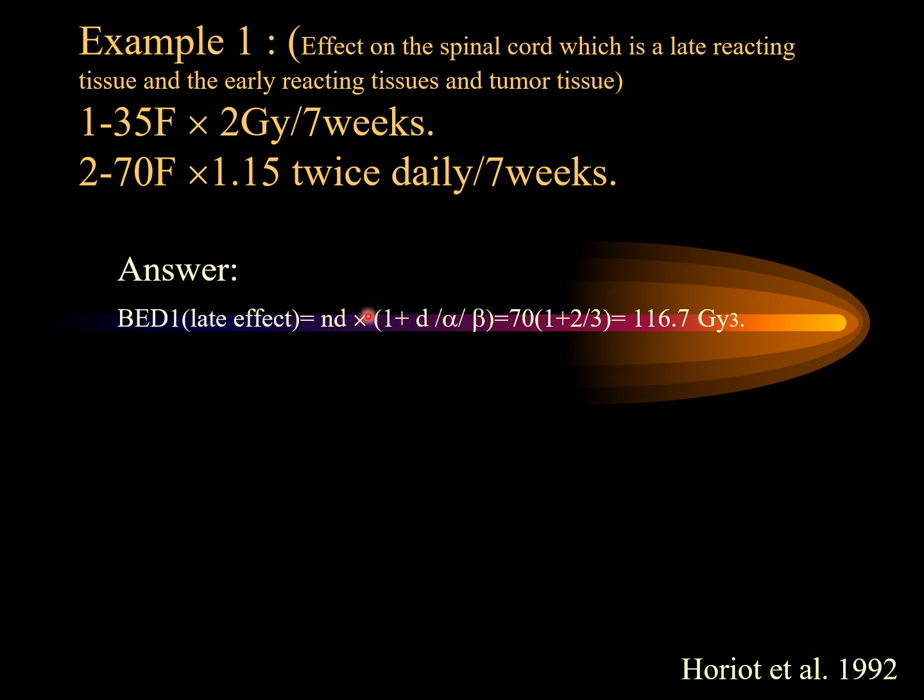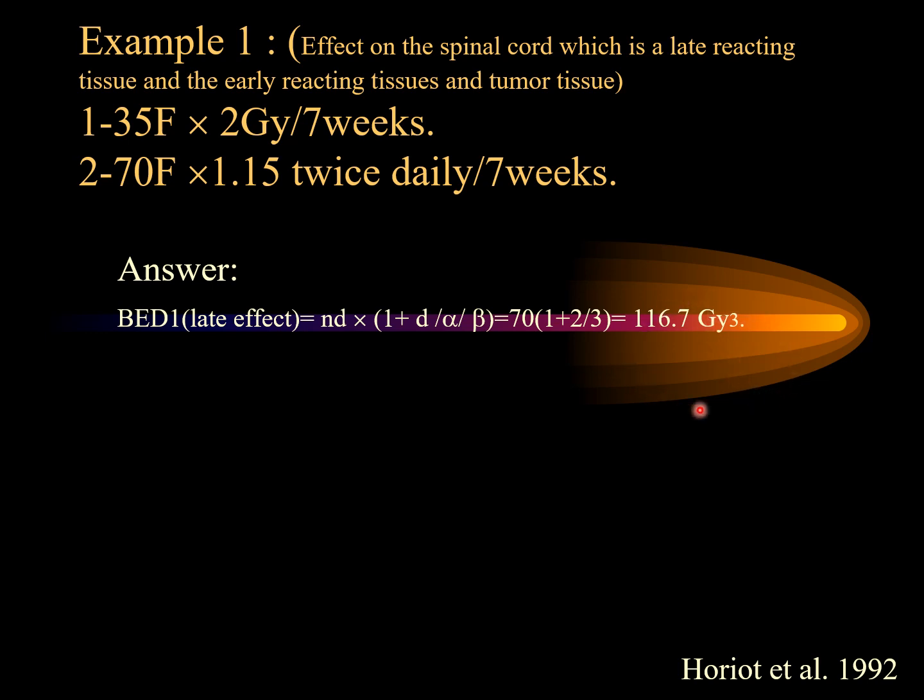BED equals ND, the total dose, multiplied by 1 plus D over the alpha beta ratio. ND will be equal to 70 gray, which you can see here. D is the dose per fraction for the normal fractionation, which is 2 gray per fraction, and the alpha beta ratio here is 3, so 1 plus 2 over 3, and this will be equal to 116.7 or 117 gray.